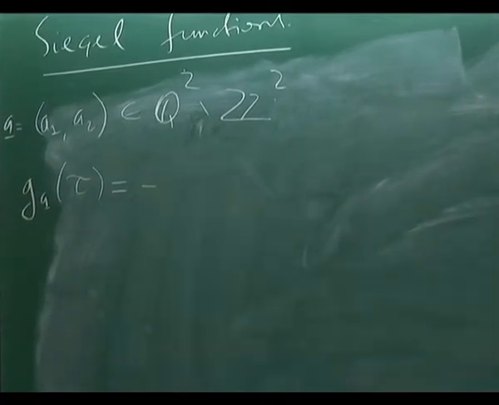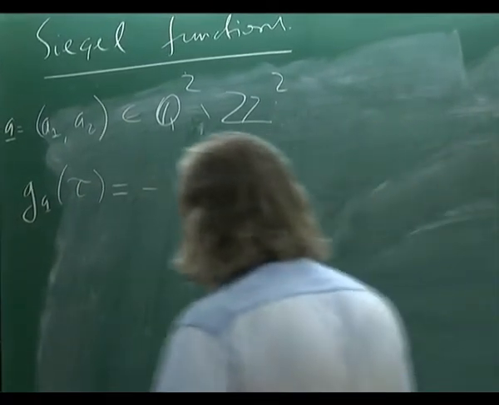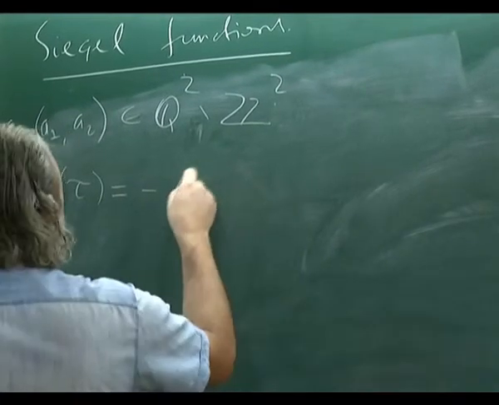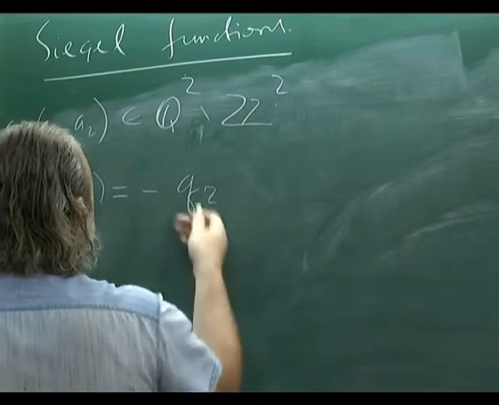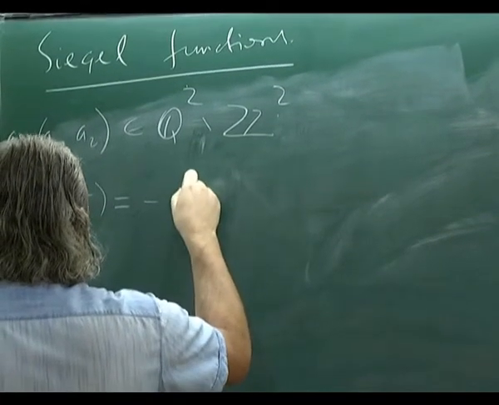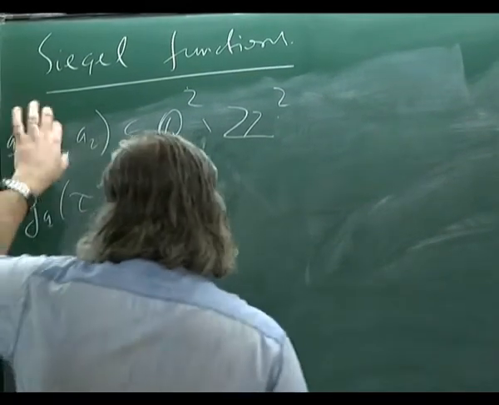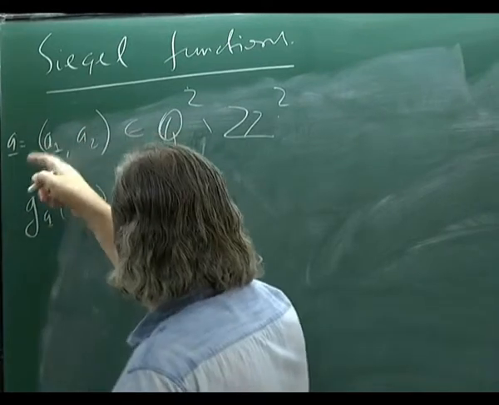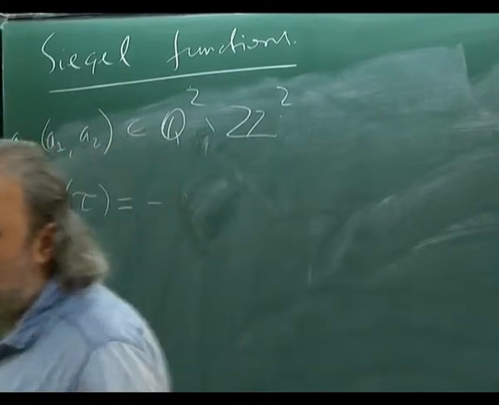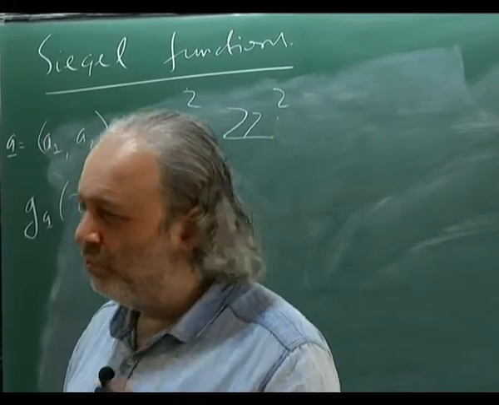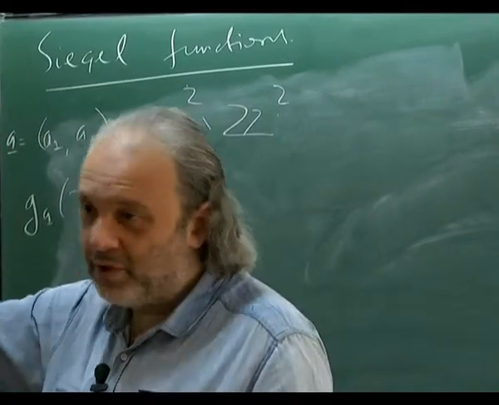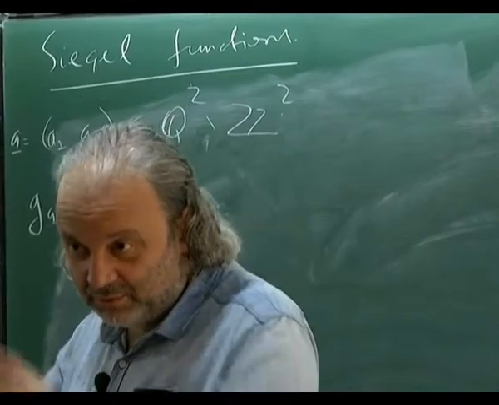Then we put some term like q tau. So here stands some root of unity, some exponent expressed in terms of a1 and a2 that I honestly forget. I forgot to look into the book. I cannot remember it by heart.